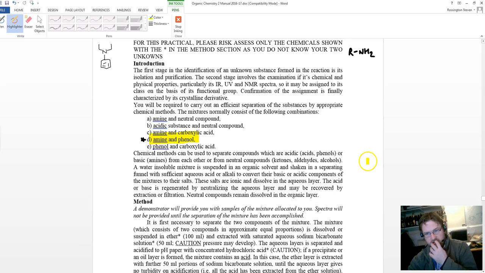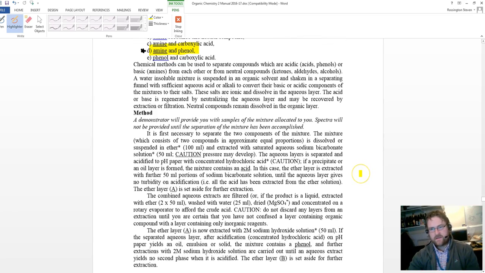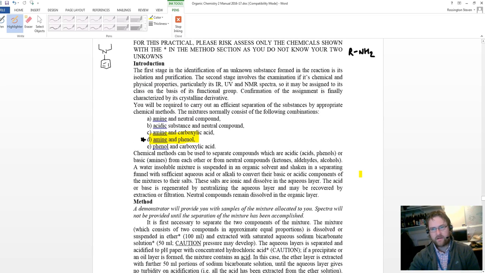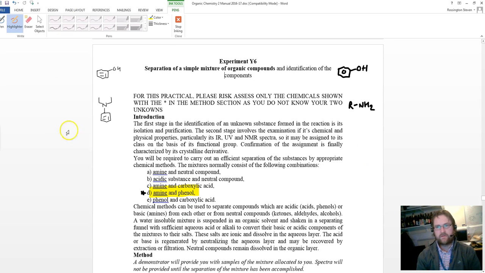So a lot of you yesterday were slightly confused with this as a kind of methodology sheet. Because you had an amine and a phenol, you ask yourself which of the two species are acidic and which are basic, so a Lewis acid and a Lewis base.